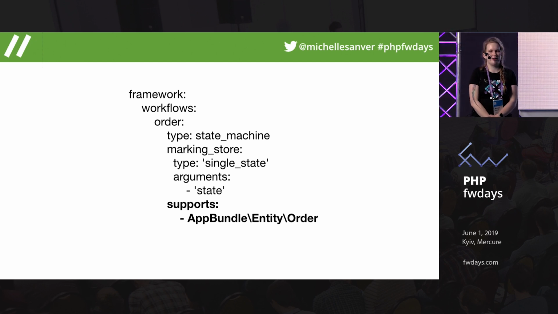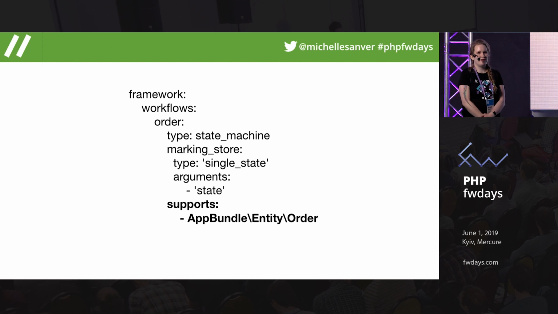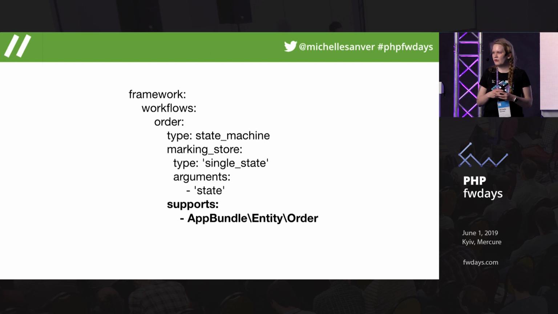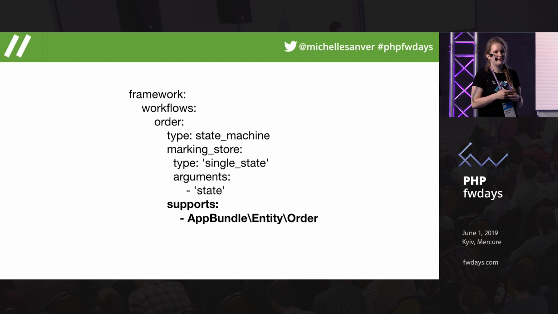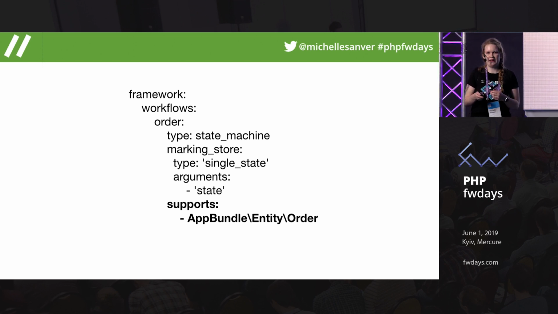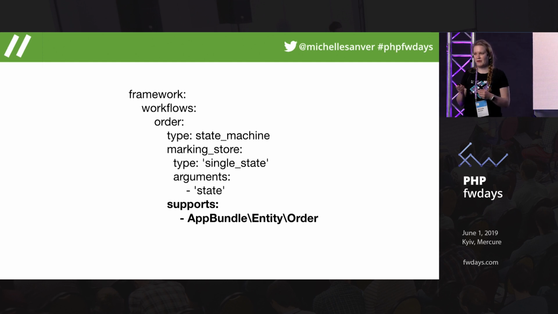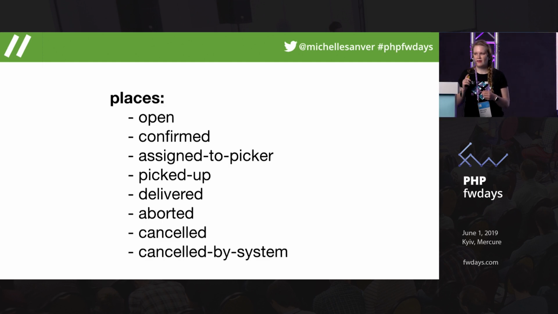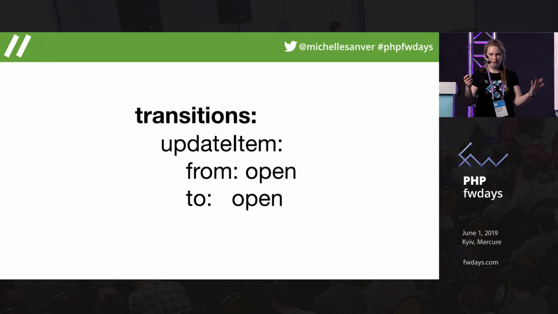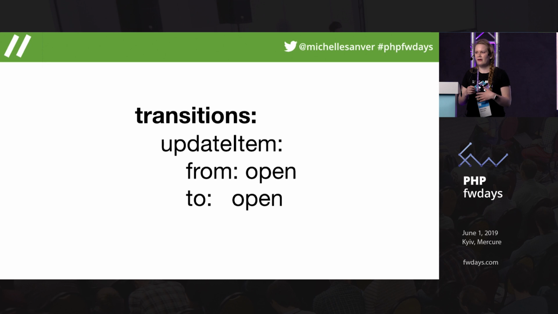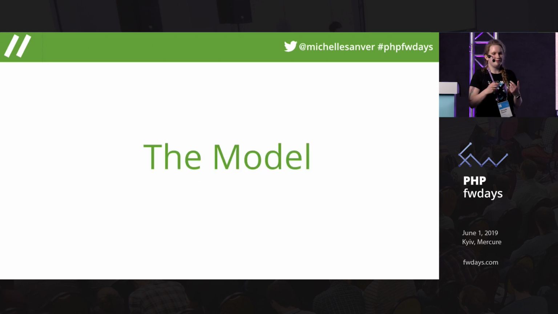And that way, if the transaction fails, you never really save the entity in the database. It's pretty cool. But if you don't use Doctrine, I'll show you shortly how you can do that in a very simple application. So places is all the states, and transitions is, I guess, all the transitions. So you can go from one state to another, and then we have the model.